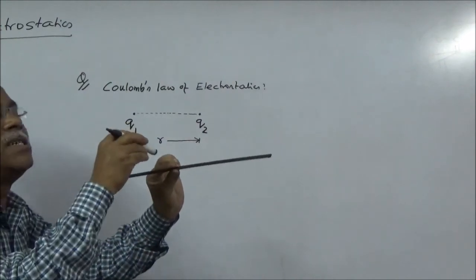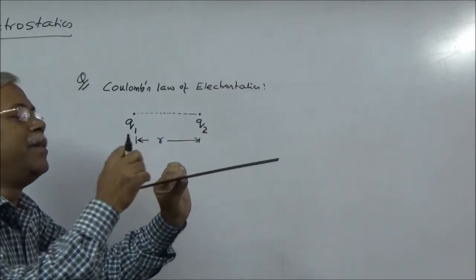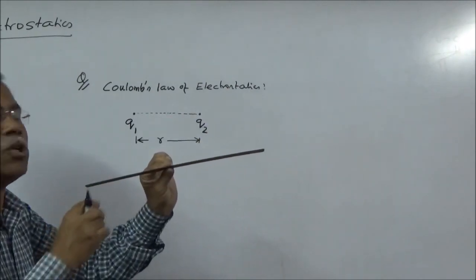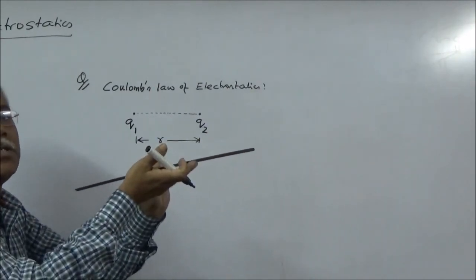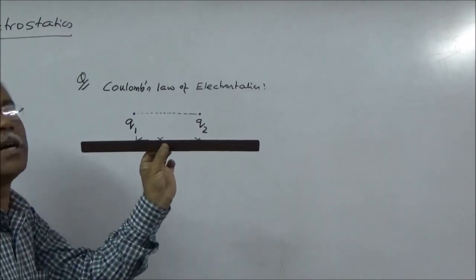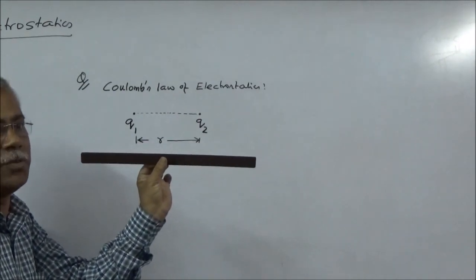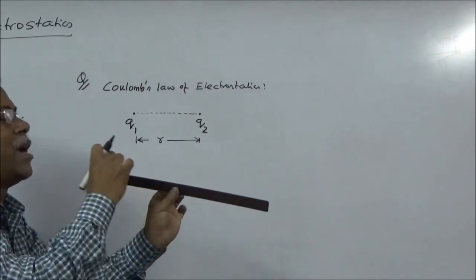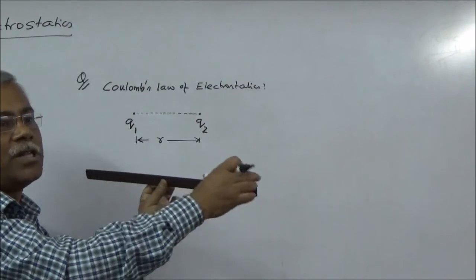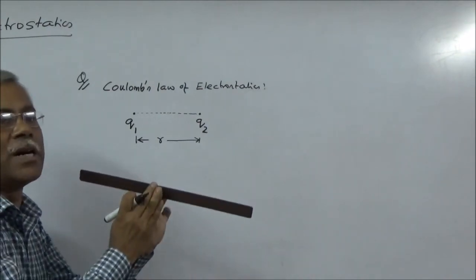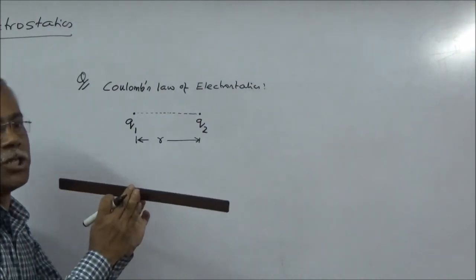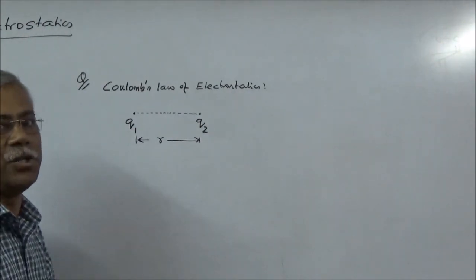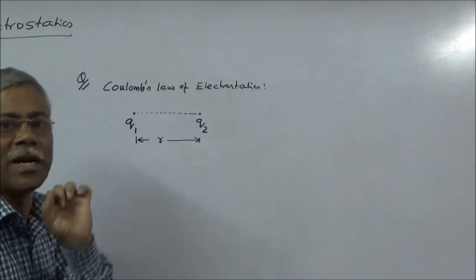If some charge is given to this metallic body, then that charge will be distributed on the outer surface of the body, and in that case this will be considered as an extended charge distribution. In this case we are considering not extended charge distribution but two point charges.